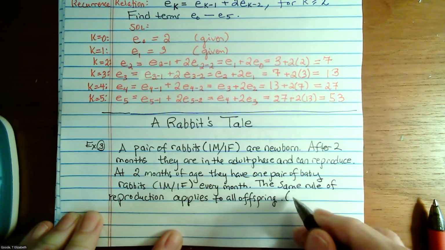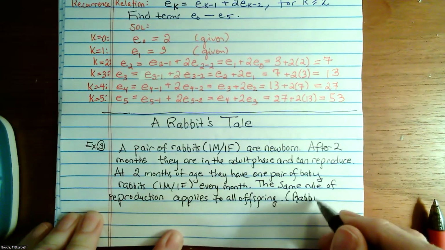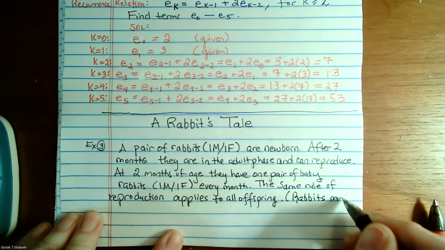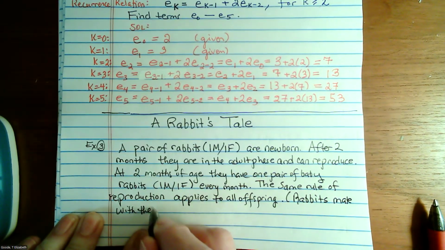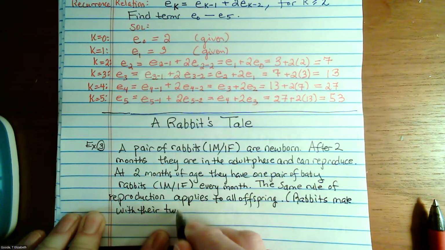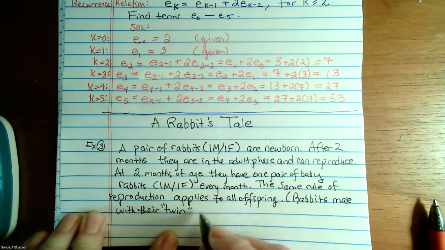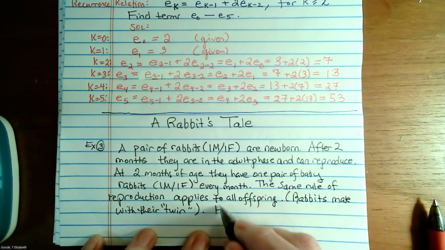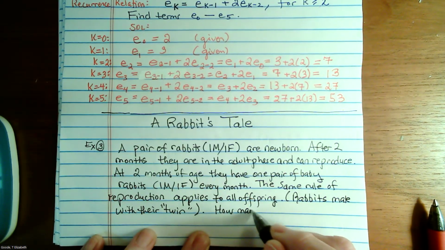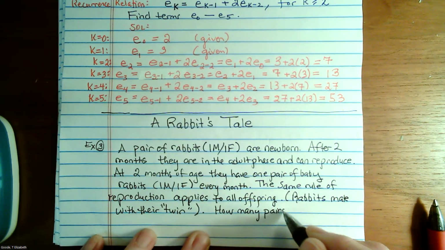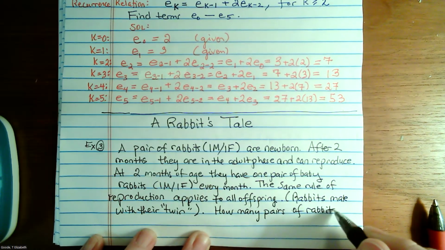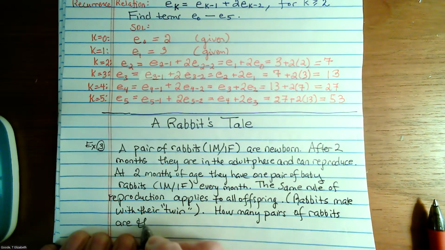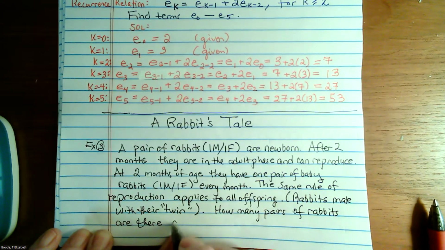So this is an incestuous tale. Rabbits mate with their twin, and that's the only rabbit that they mate with. They just mate with their twin over and over again. How many pairs of rabbits are there at month N?